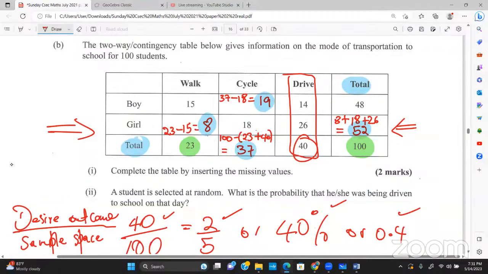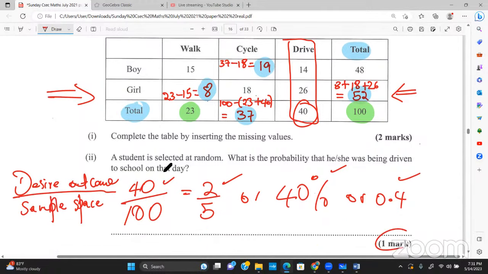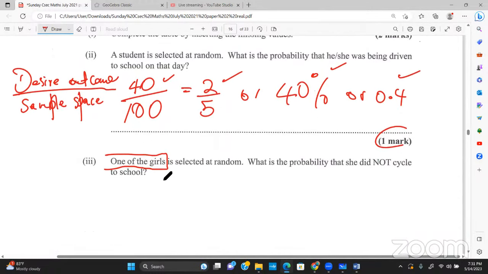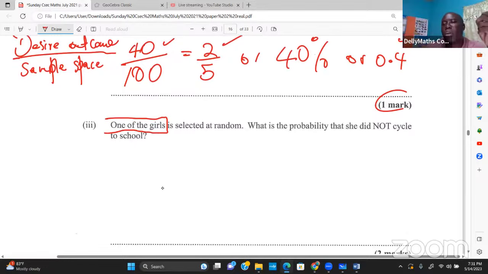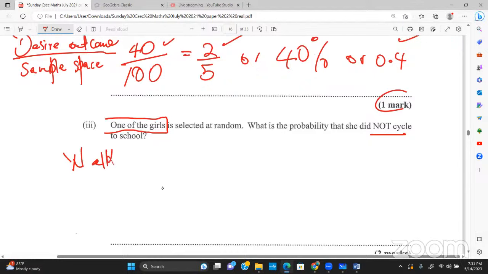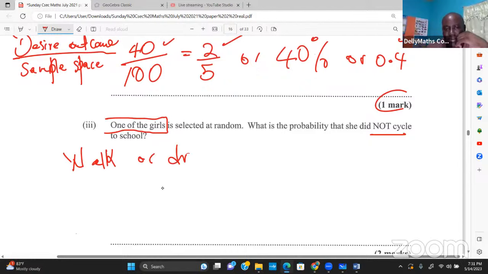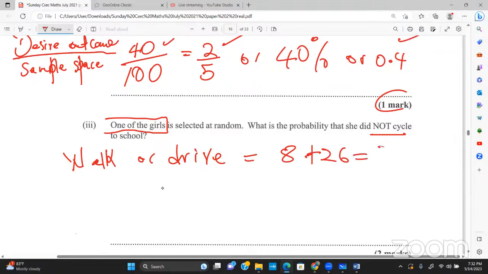Anything but cycling. 34 over 52, sir. So if you did not cycle, you either walk or drive, so we're going to add 26 plus 8, and you get 34.